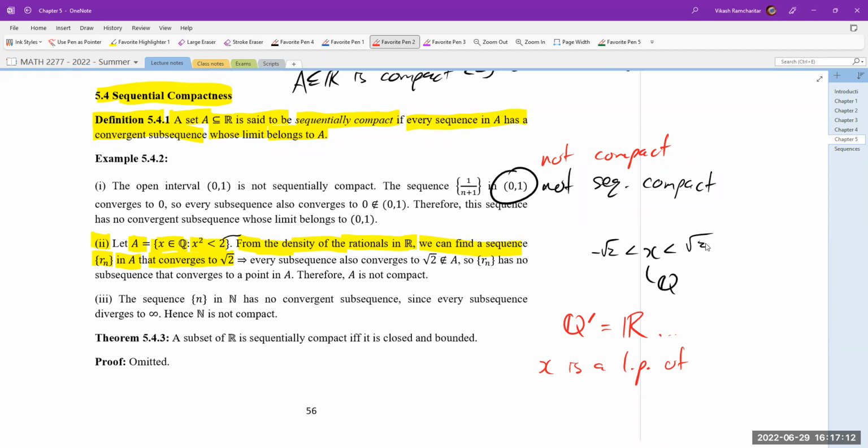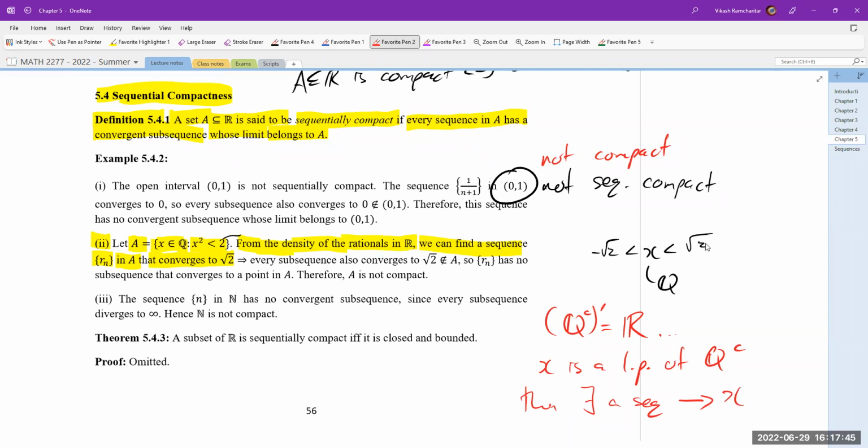density of the rationals, sorry, it should be Q^c, what I want it to be is Q^c, right? And y to be a limit point of the irrational numbers. So if x, which is still in R, is the limit point of Q^c, the irrational numbers, then there exists a sequence that converges to x.